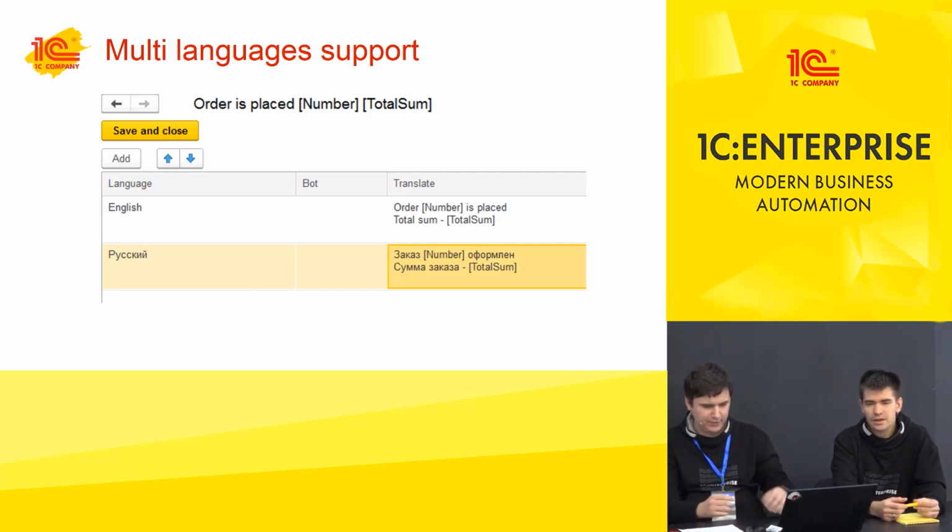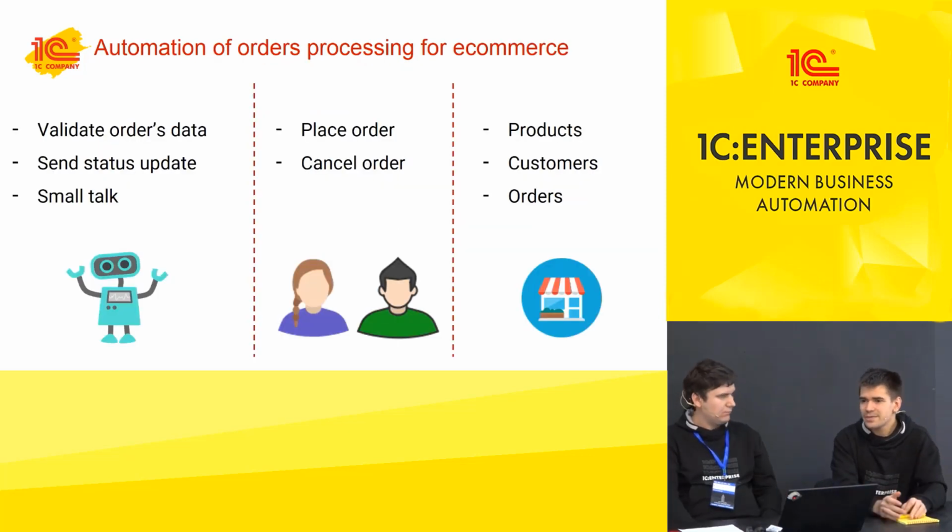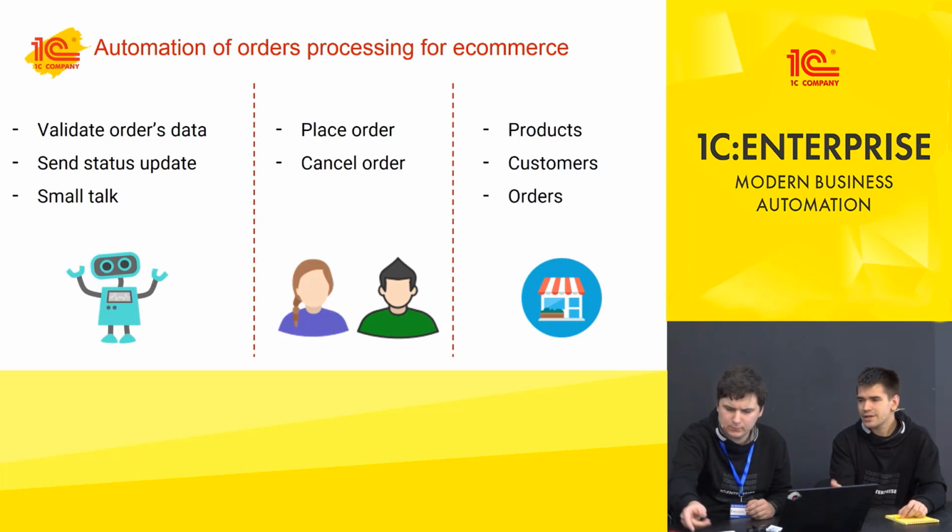Okay, guys, anyway, we're close to demo time, and I will just briefly tell you what we're going to show you. We'll show you the automation of a little e-shop. We have a client application for the shop manager where we can see product lists, customers, orders.